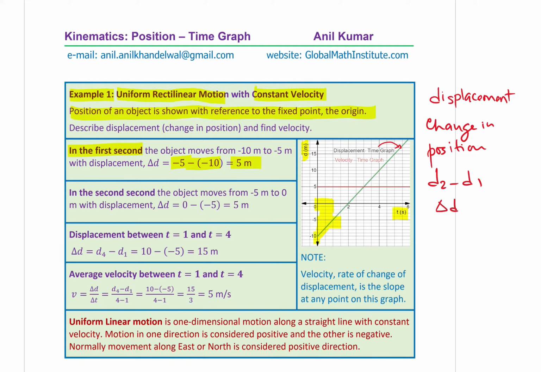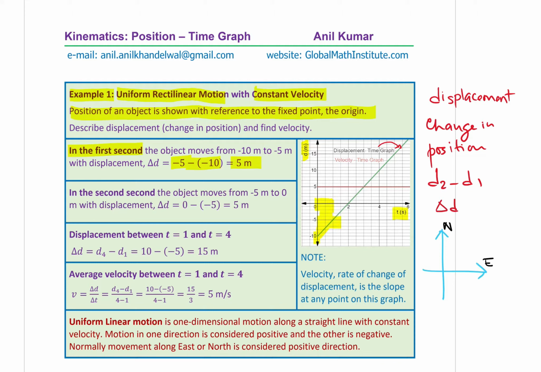So the object has moved 5 meters in a positive direction, which we'll consider north. Normally we'll consider positive direction towards north or towards east. So these two directions, north and east, will be considered positive for us.